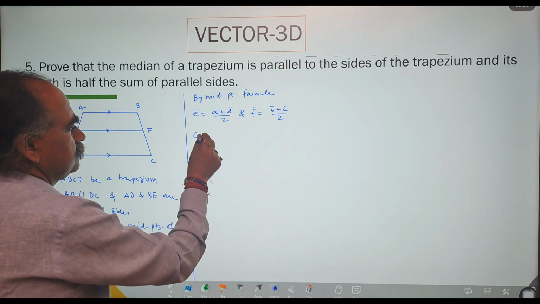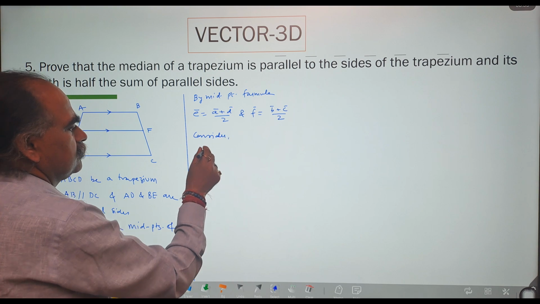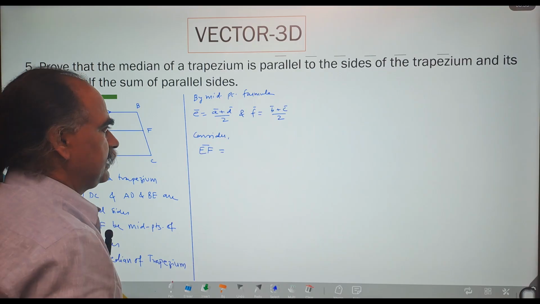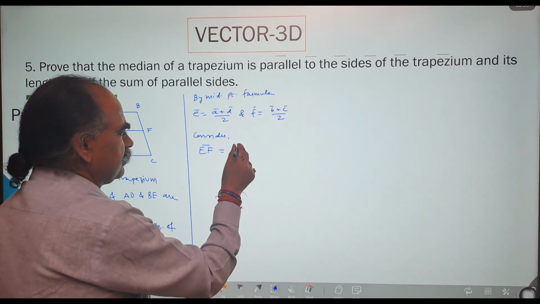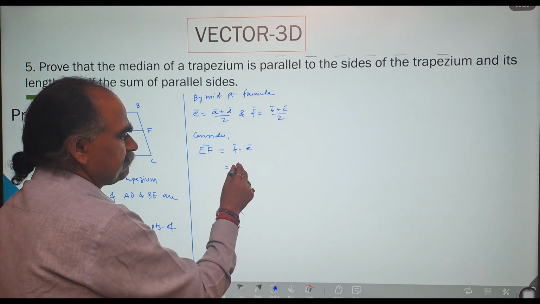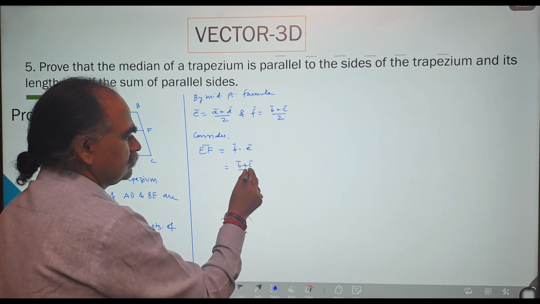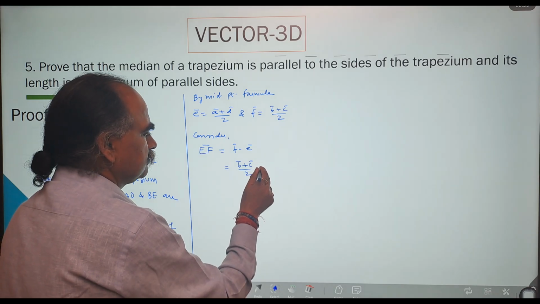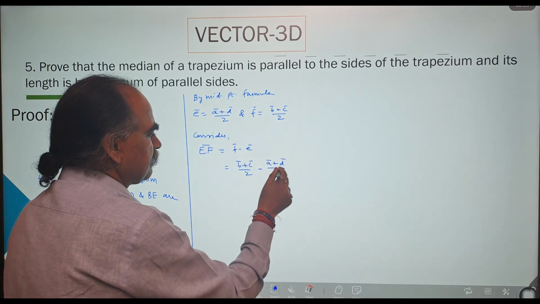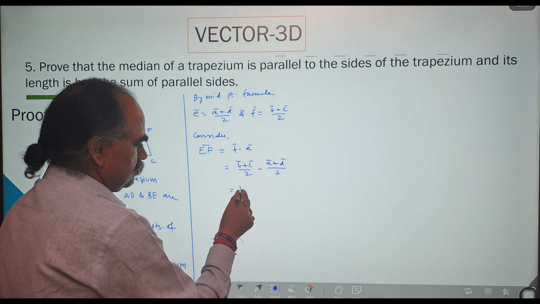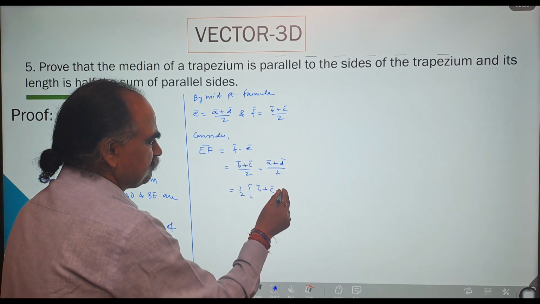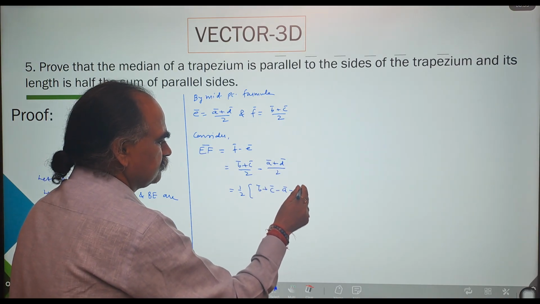Consider EF bar. EF bar is what? F bar minus E bar. B bar plus C bar minus A bar plus D bar upon 2. One by 2 you take outside. B bar plus C bar minus A bar minus D bar.